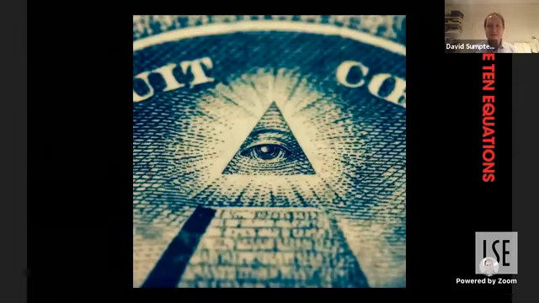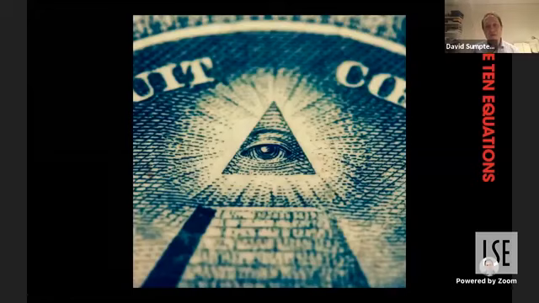What it means is that there is a sort of secret society that controls the world, that has power over governments, over financial institutions, over education. And I want to say straight off that there is no such conspiracy theory. Illuminati doesn't exist, but it's an interesting idea to start thinking about where I'm going to go in this talk.